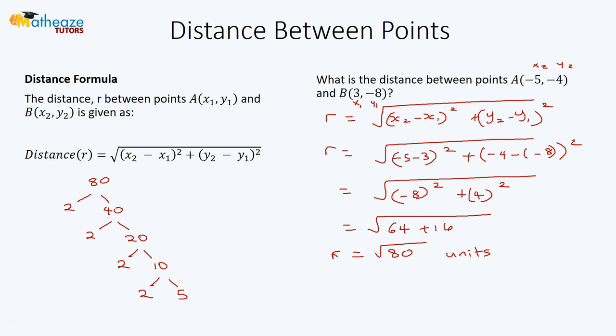So we can see here, I'm going to group them in pairs. I have 2 in this pair, I have 2 also here, and this is a single right here, so r is going to give me 4 square root of 5 units.